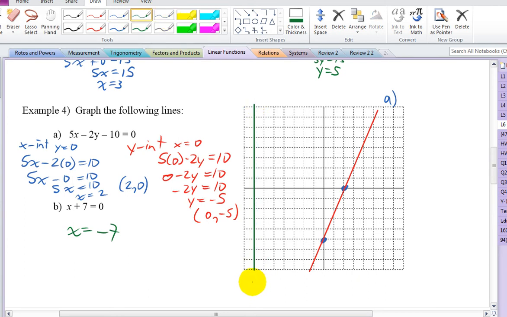Okay, and this here is line B, x equals -7. Any questions? Thumbs up down the middle. How'd you guys do? Good?